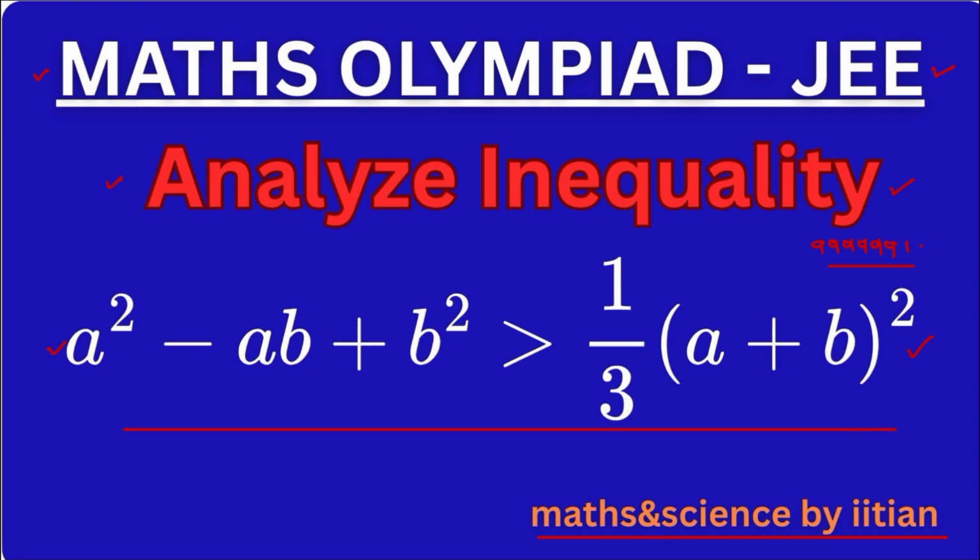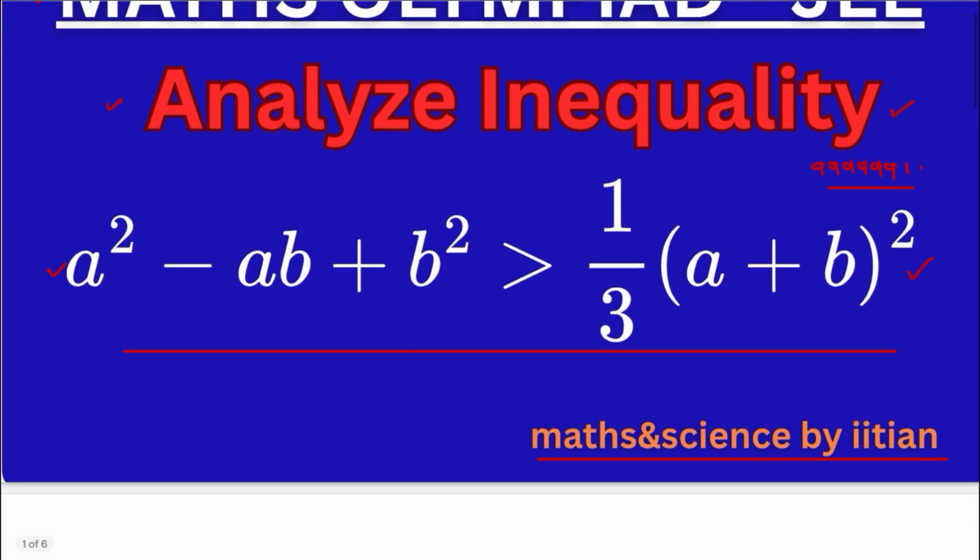The inequality is a square minus ab plus b square is greater than 1 by 3 into a plus b whole square. Under what conditions does it hold? Let us see. It's a conditional inequality. Question is, the given inequality is a square minus ab plus b square is greater than 1 by 3 a plus b whole square.